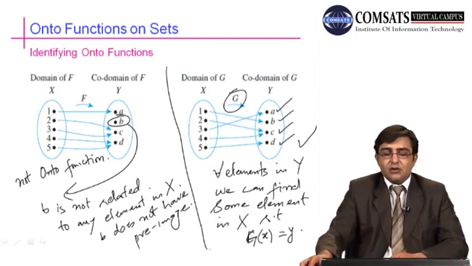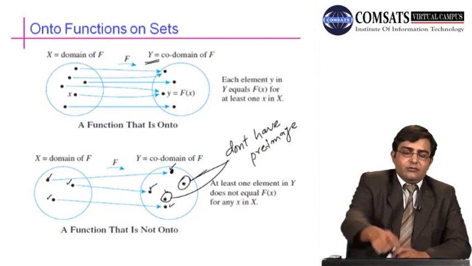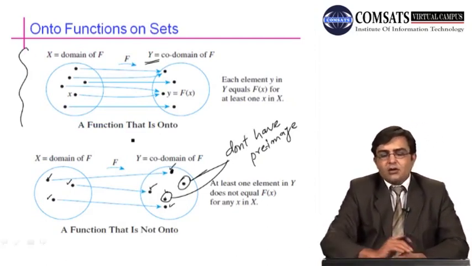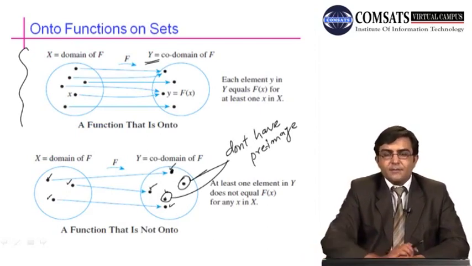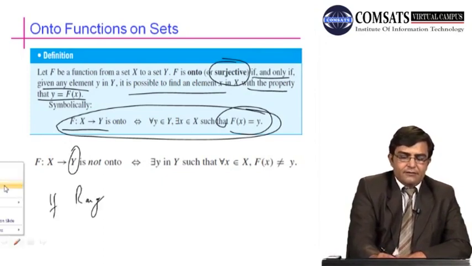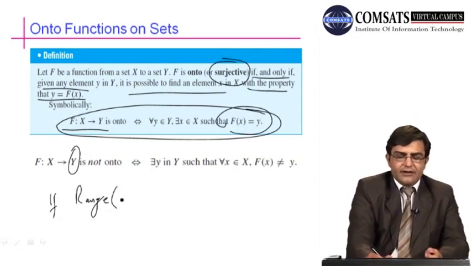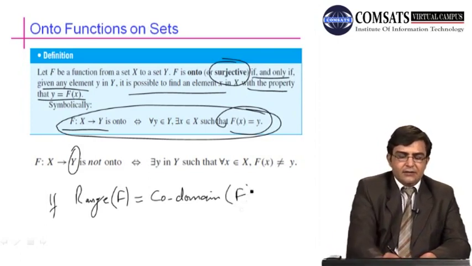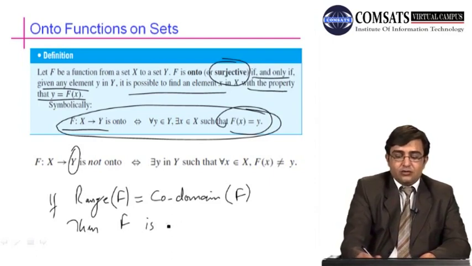We can say this because, if we look at the definition of onto function, if the range of any function f is equal to the codomain of that function, then f is an onto function.